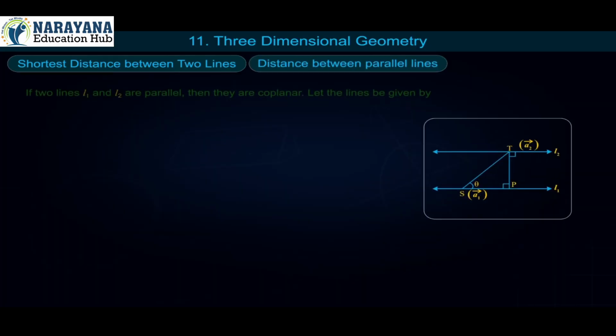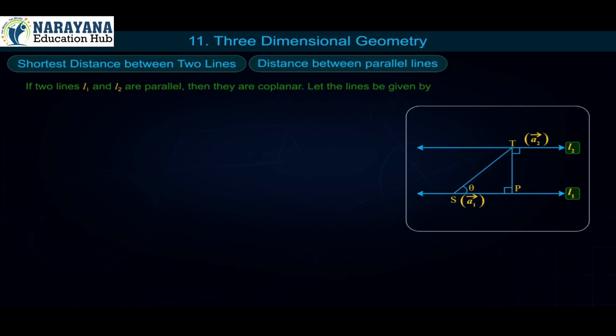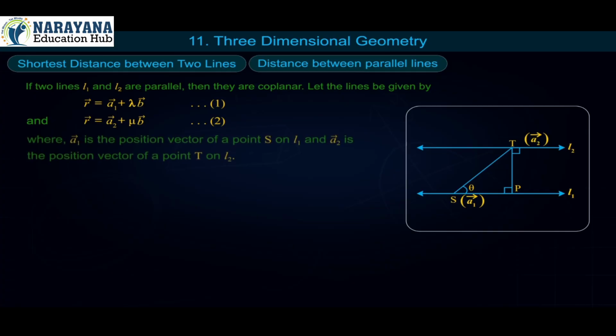Distance between parallel lines. If two lines L1 and L2 are parallel, then they are coplanar. Let the lines be given by vector R is equal to vector A1 plus lambda into vector B, equation 1, and vector R is equal to vector A2 plus mu into vector B, equation 2, where vector A1 is the position vector of a point S on L1 and vector A2 is the position vector of a point T on L2.